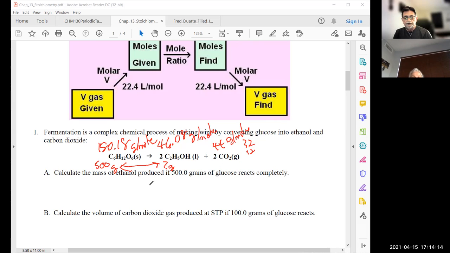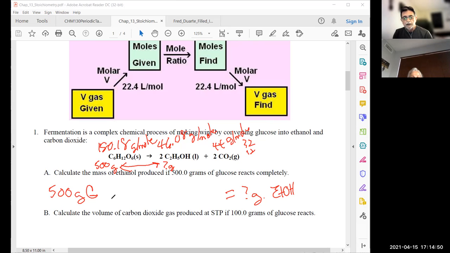I'm starting off with 500 grams of glucose, and I'm going to label that G, and I need to go to grams of ethanol. I put that down as EtOH, the general shorthand way of writing ethanol. Et is the ethyl, and the OH shows it's an alcohol.